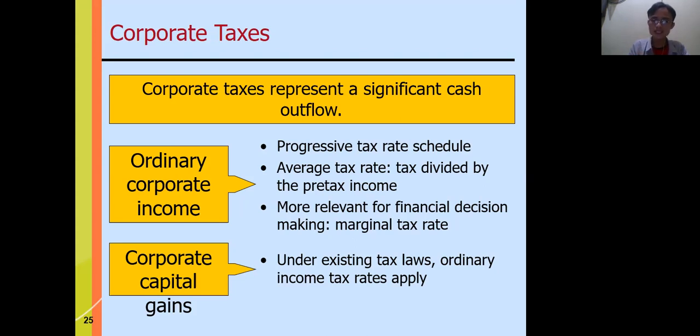And to get our tax in peso or dollar, that would be pre-tax income times the rate. So let's say the income is 100,000 times the rate of 20%. Therefore, our income tax expense is 20,000 pesos. If we do the reverse, 20,000 over 100,000, which is being discussed here, that's the average tax rate of 20%.